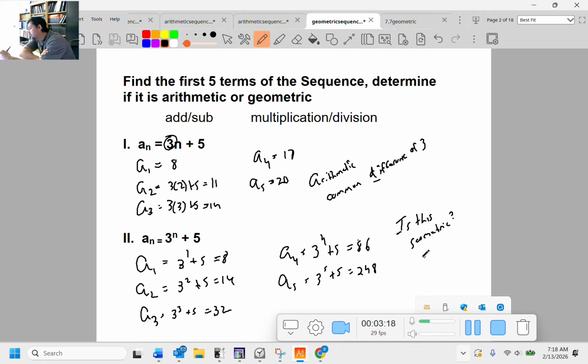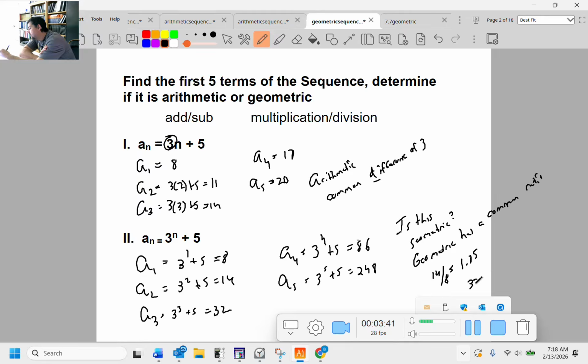Now, is this geometric? Well, geometric has a common ratio. So I'm going to take 14 and divide it by 8. If you like decimals, that's 1.75. So what I'm doing is I'm comparing terms here.